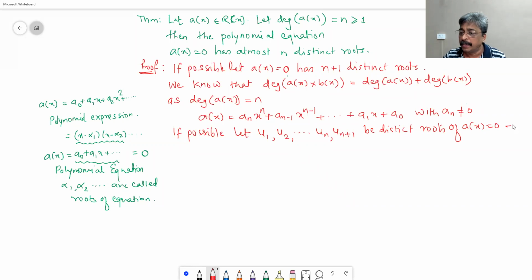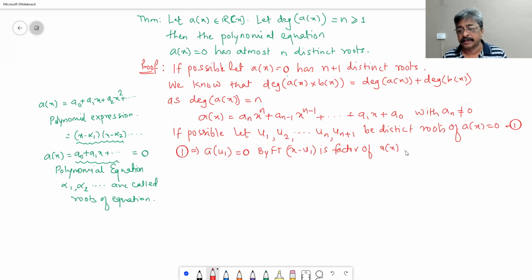Okay, 1 implies a(u1) is equal to 0. By the factor theorem, x minus u1 is a factor of a(x).